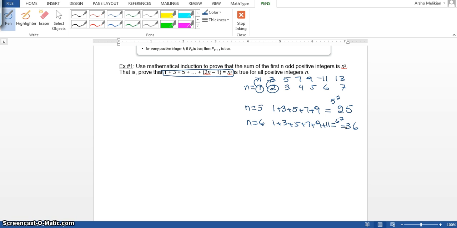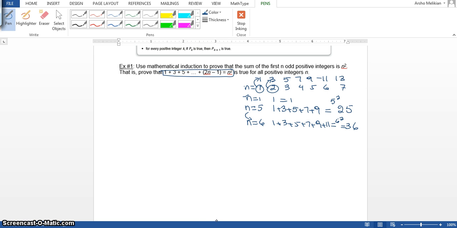What we're going to do now is we're going to prove for the first case. What is the first case? The first case is n equals 1. If n equals 1, I'm just adding one number. What's 1? That's just equal to 1, which is n squared. So first I'm going to prove for the first case. Then some random case, n equals some number, and then the one immediately right after.